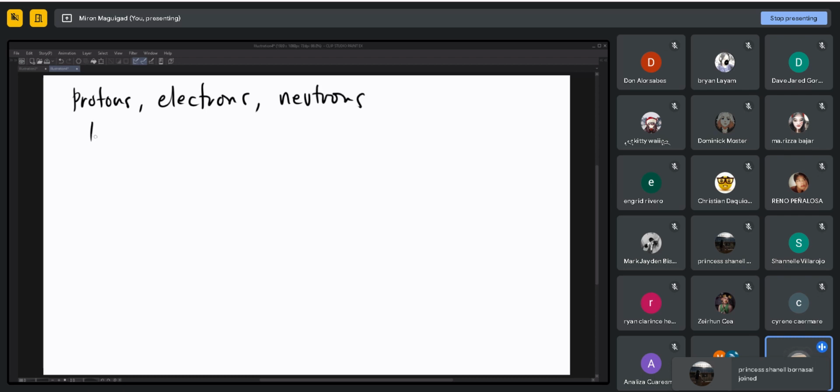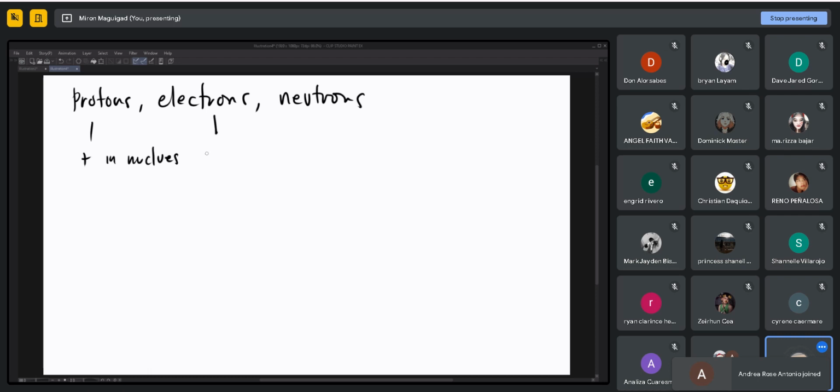Protons are positively charged particles found in the nucleus. So, positive charge in nucleus. Nucleus of the atom. So, the charge of the proton has the same magnitude as that of electron. Same magnitude sila, but opposite.